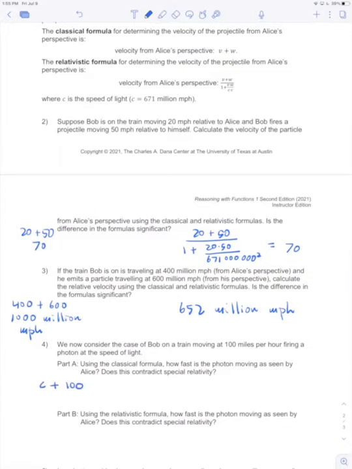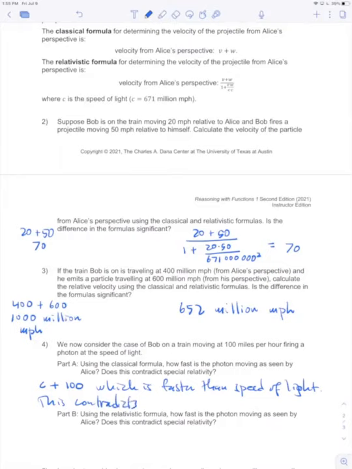This is faster than the speed of light. So yes, this contradicts the fact that the speed of light is constant.